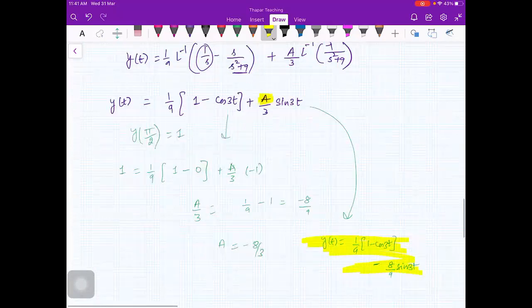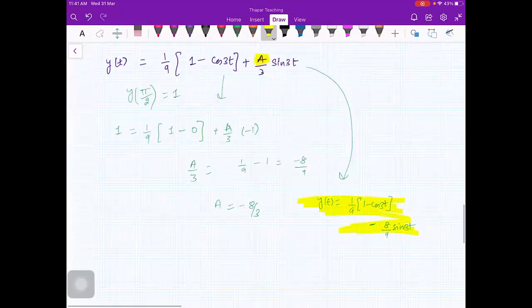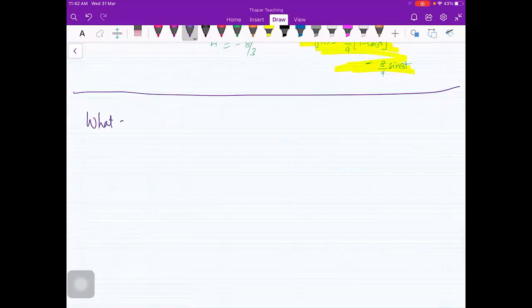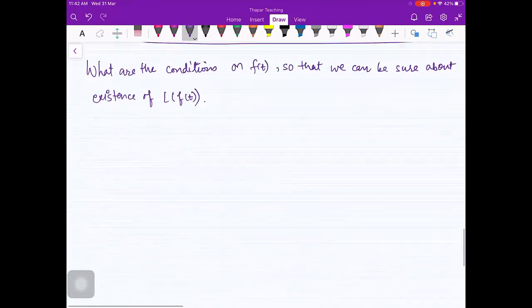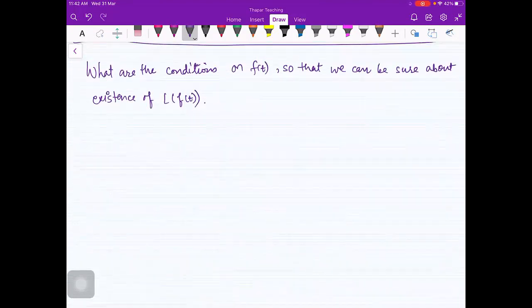Now we are going to discuss what the conditions on f are so that we can be sure about the existence of L of f of t. So this is our problem: what should be the conditions on f so that we are sure about the existence of L of f of t.